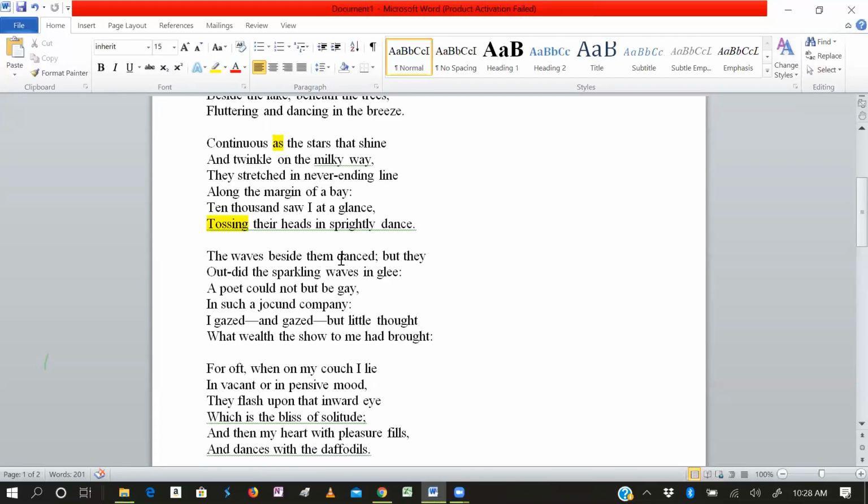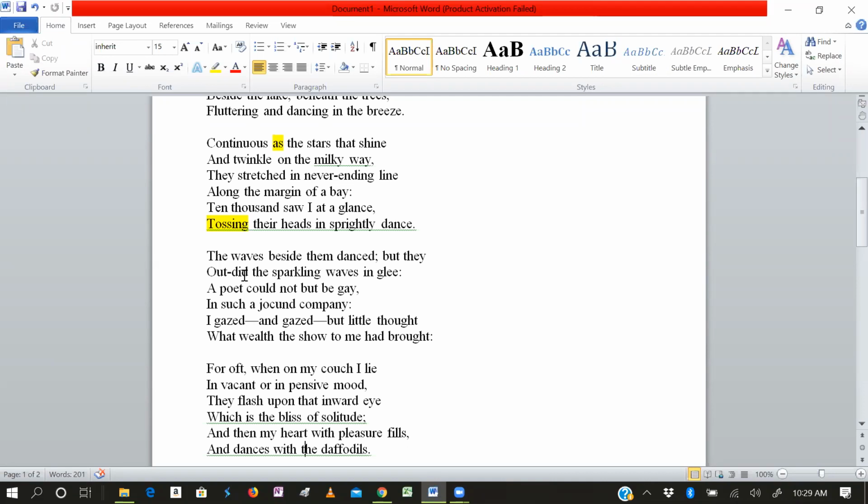The waves beside them danced, but they outdid the sparkling waves in glee. Look at this: the waves beside them danced. The waves are coming behind, because the waves become the reason for them to dance.